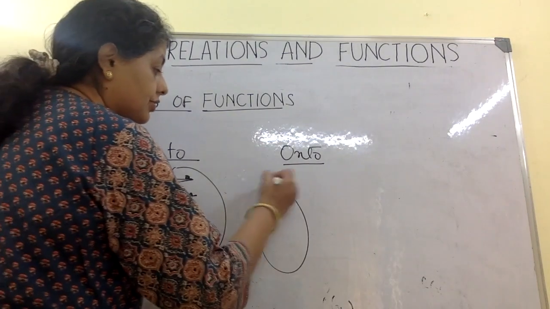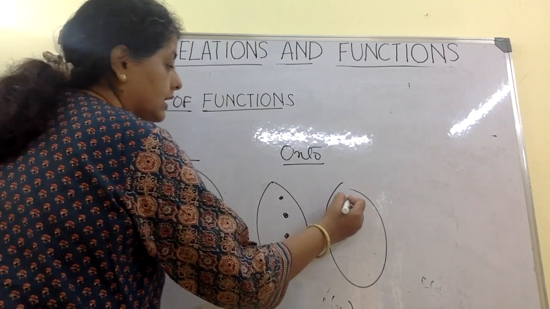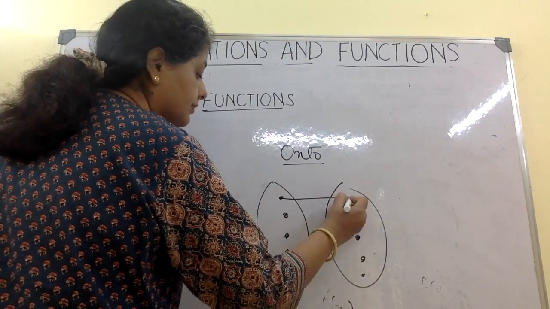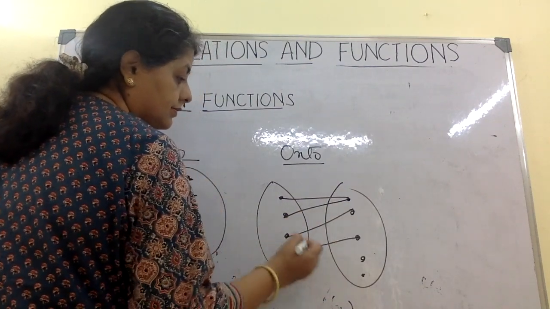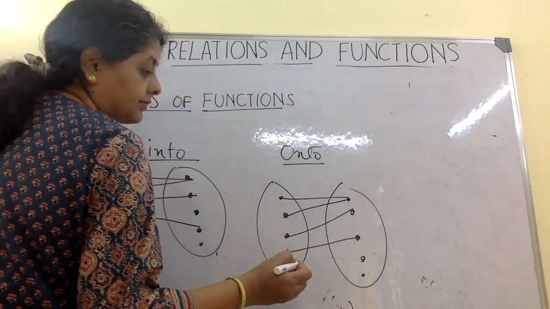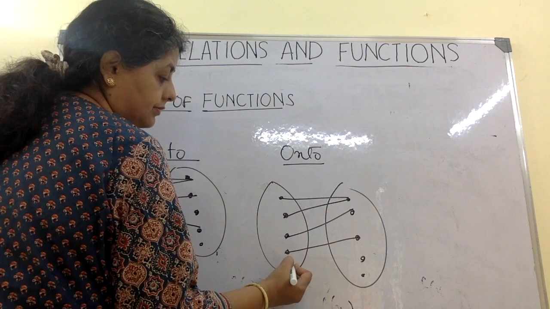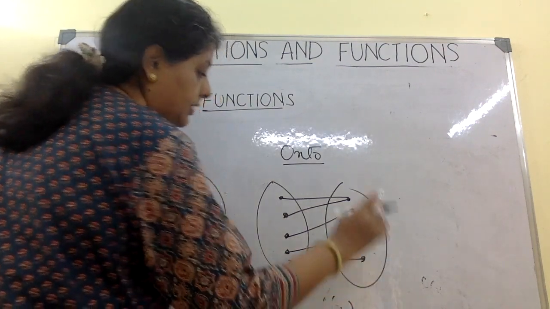In an onto function, the range and codomain are the same set. Okay, let me erase it.